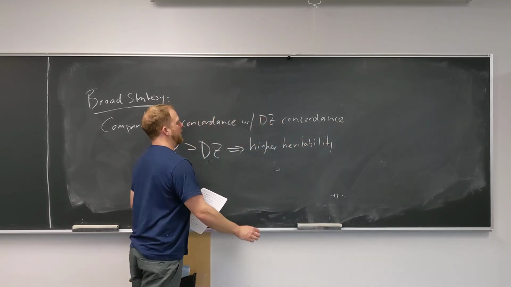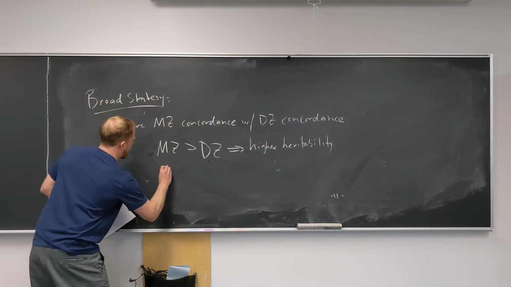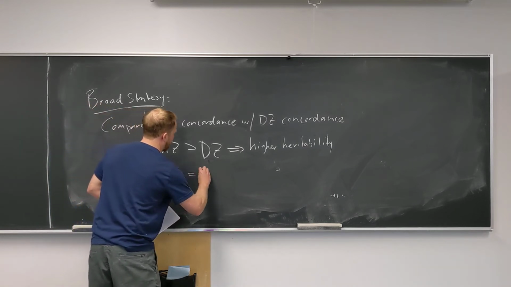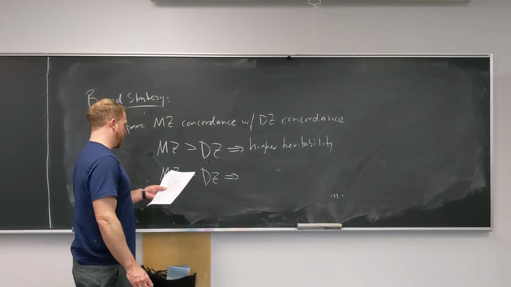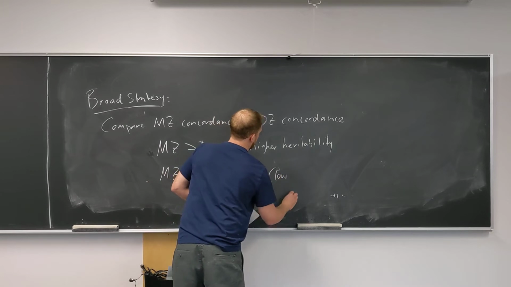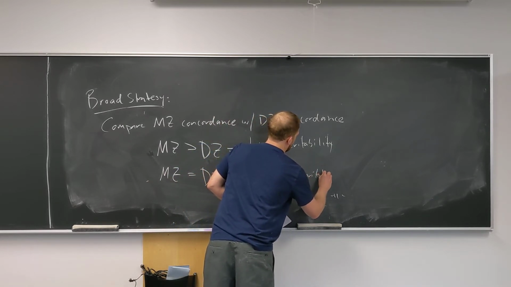Okay, so in the same kind of strategy here, if the monozygotic concordance is the same or similar to the dizygotic concordance, this indicates no heritability or very low heritability.